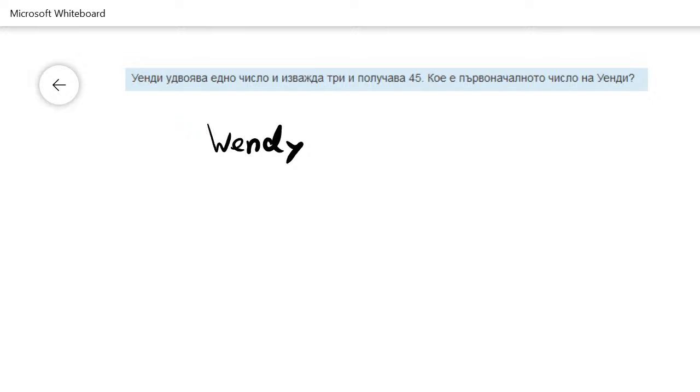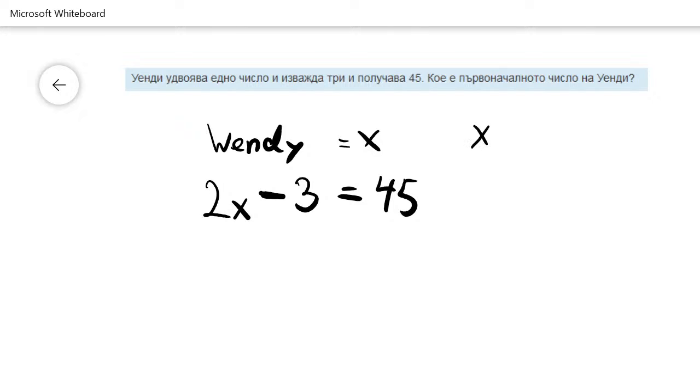When this number is x, she multiplies it by 2 and then subtracts 3, and that's equal 45. The question is, x is equal to how many?